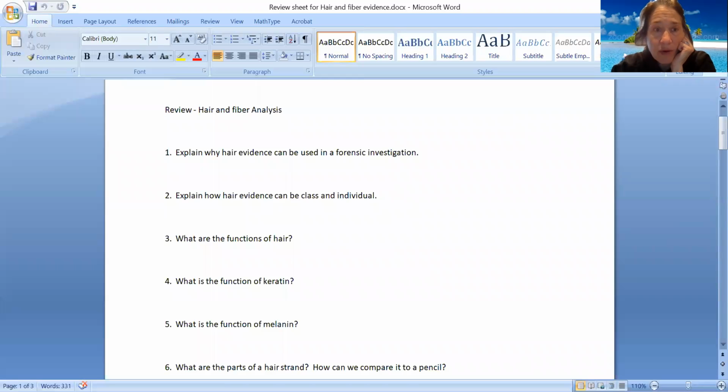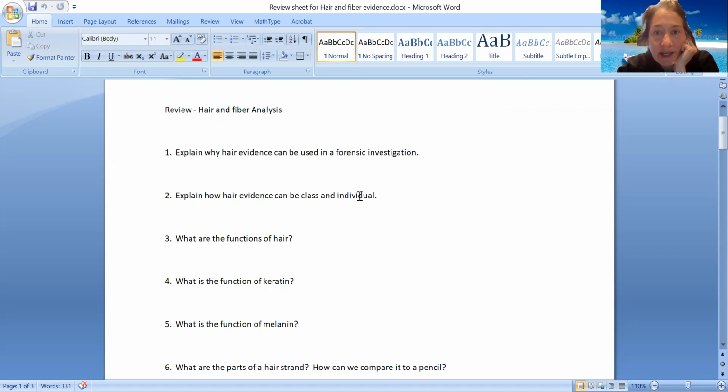We talked about this way back: they resist decomposition, they indicate drug use, they can be used to match a suspect with the crime scene, they can be microscopically analyzed for similarities. What else? Those are some of the answers that you can have for that.